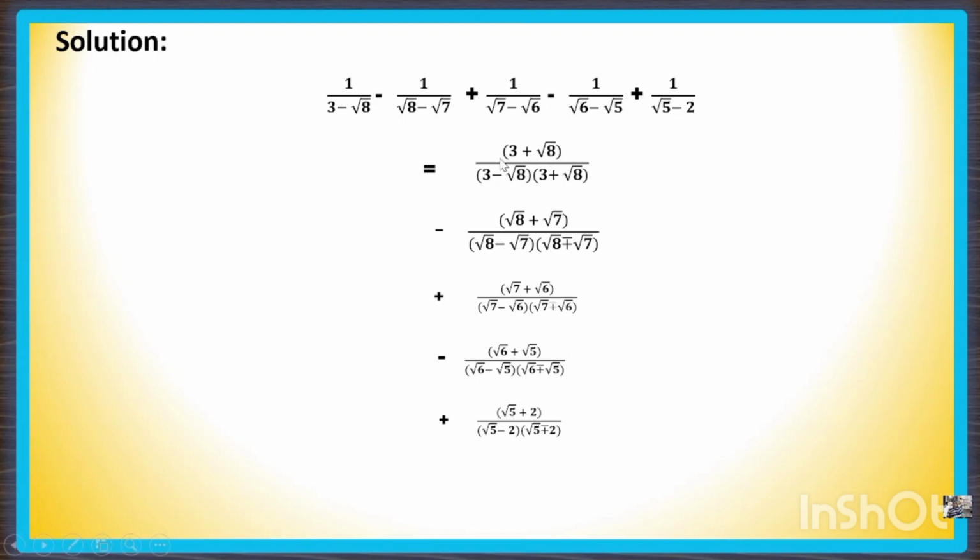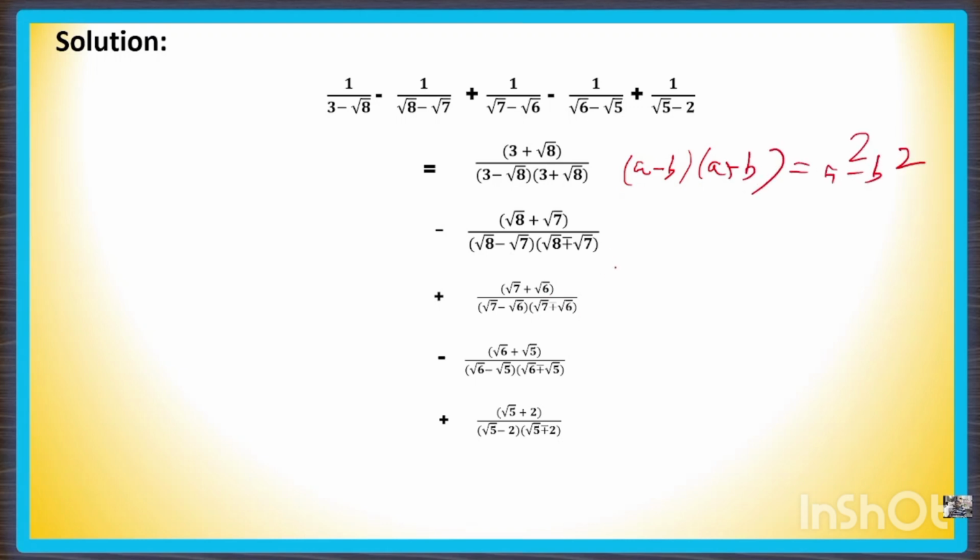So we have 3 plus root 8 divided by 3 minus root 8 whole into 3 plus root 8. Here you see the denominator, and we can multiply by using the identity a minus b whole into a plus b, which is a square minus b square.